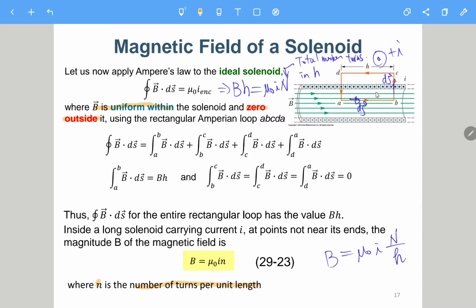And in this one or two chapters, we will generally use capital N to stand for the total number of turns, and then small n for the number of turns per unit length.